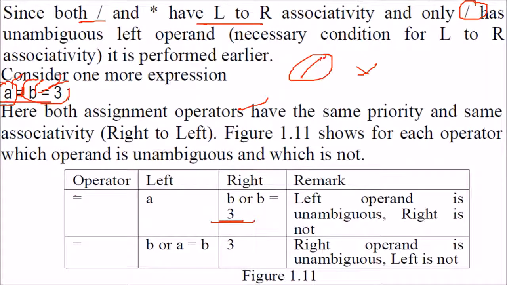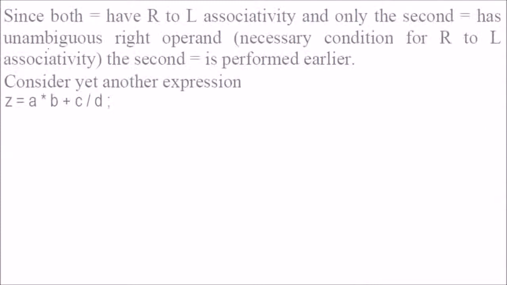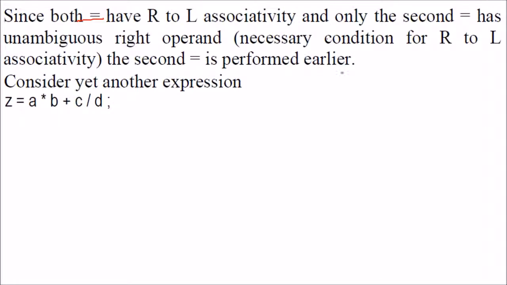For the other one, the right is clean, but the left can be B or it can be A equal to B. We don't know. So both have right to left associativity. Please understand, the assignment operator has right to left associativity.